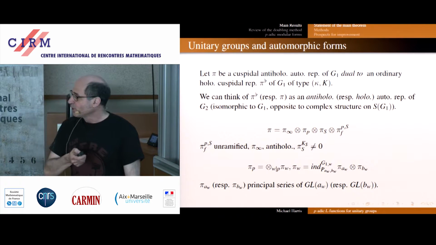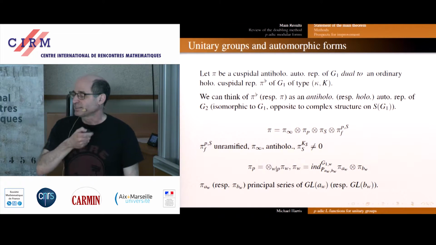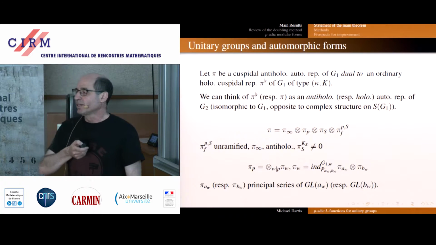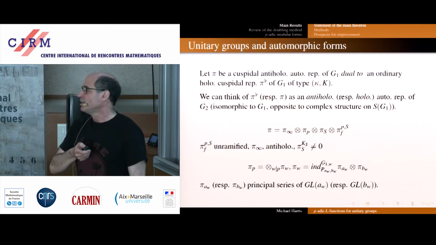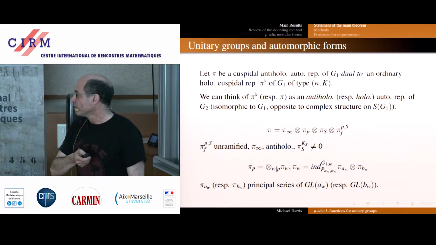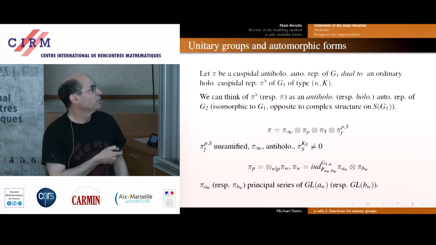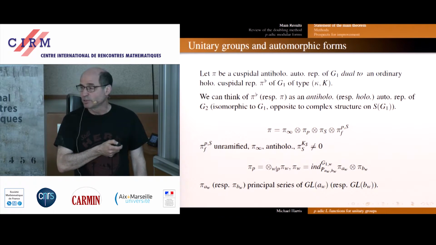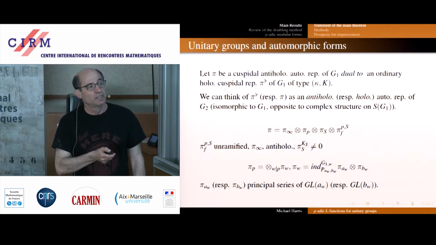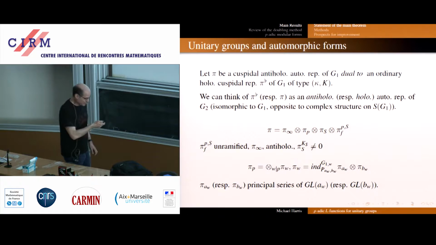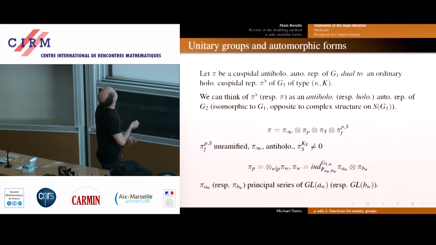What we do is first, by transitivity of induction, we induce from the Borel up to the parabolic of type AW, BW, and then we finish the induction. So here, pi AW and pi BW are principal series, respectively, of these two parts. All of this notation, well, you will be tested on this notation in a few weeks.